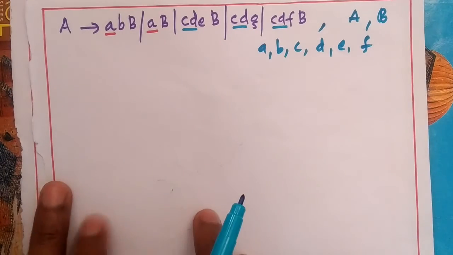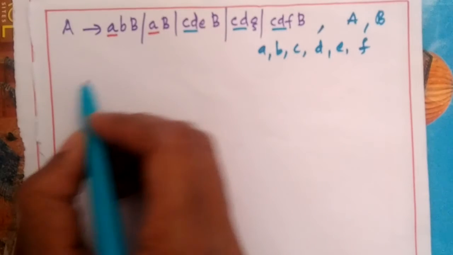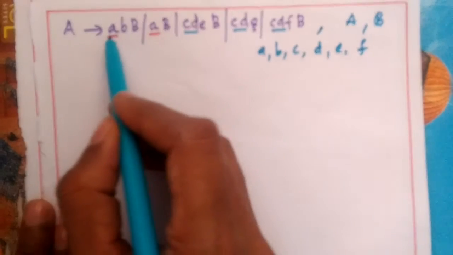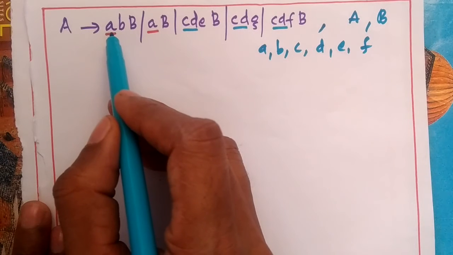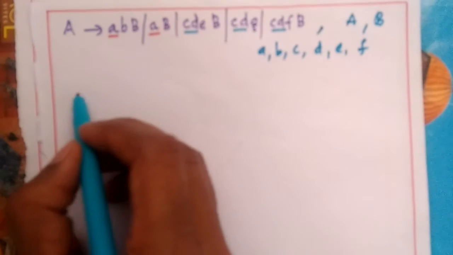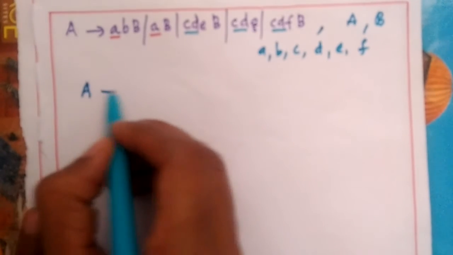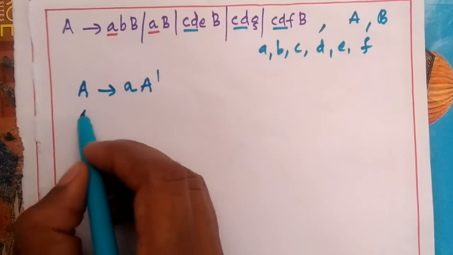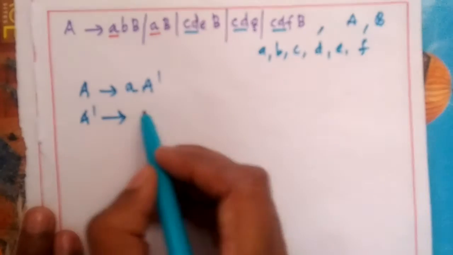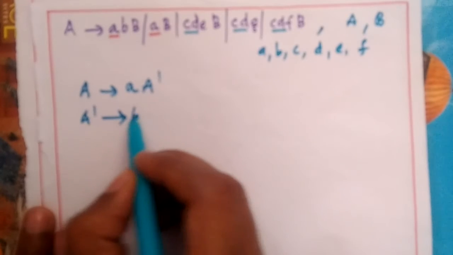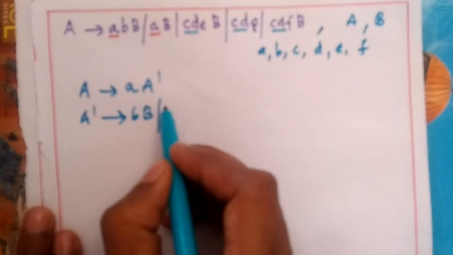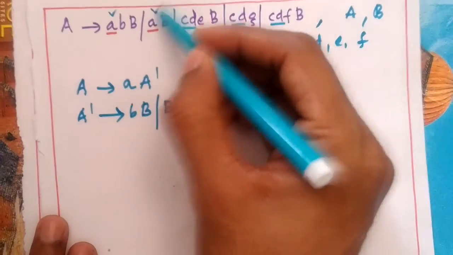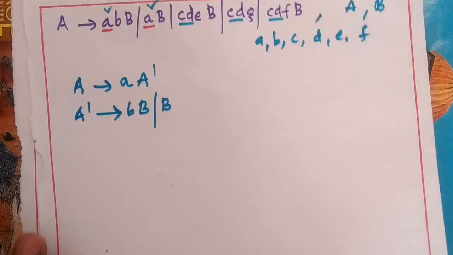And how can you do left factoring here? First we can see two productions whose body begins with a. So first we will left factor these two productions, like A gives a A dash, then A dash gives b capital B or B. So these two productions we left factored.